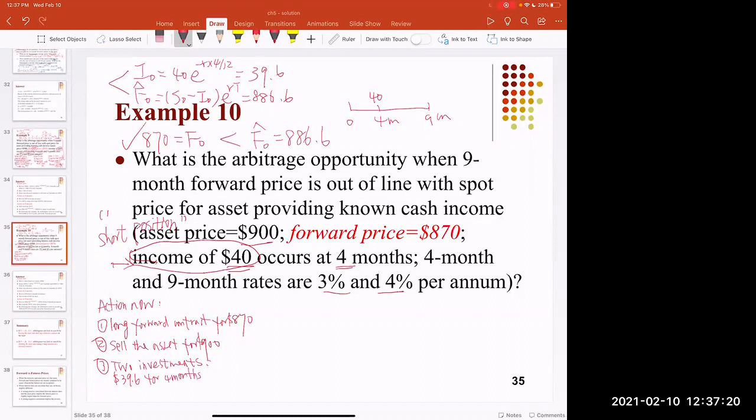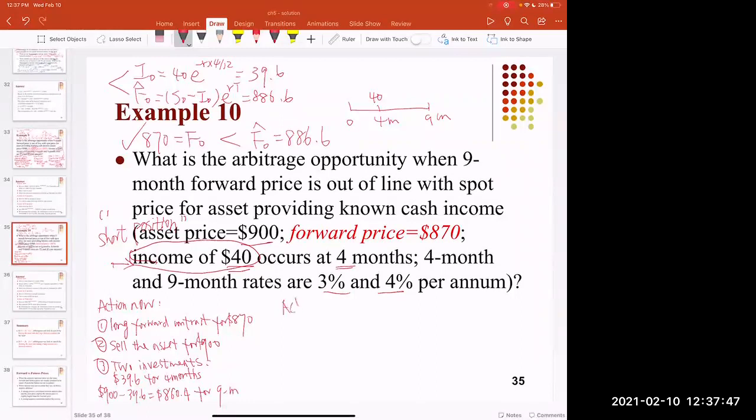And the difference between 900 and the $39.6, this is the $860.4. This is the amount you can invest for 9 months. Okay, so that's the action now.